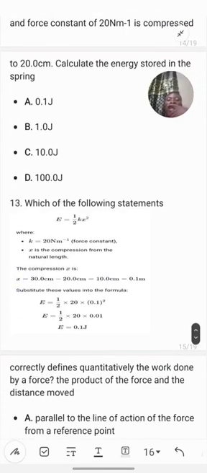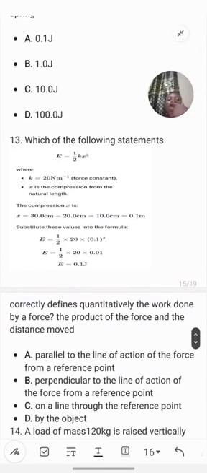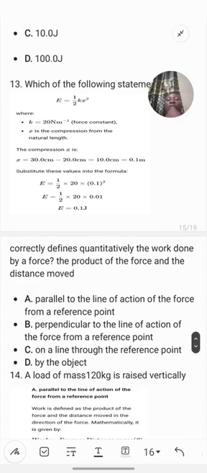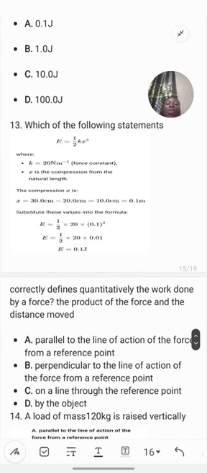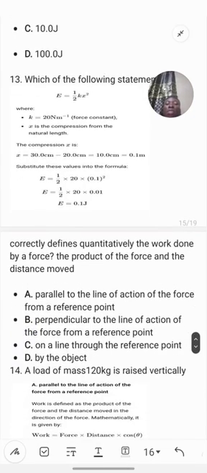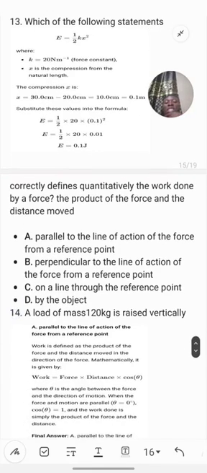Okay, thank you. Then the next question, which is question 13, it says, which of the following statements correctly defines quantitatively the work done by a force? The product of the force and the distance moved dash. Okay, so we have options like parallel to the line of action.